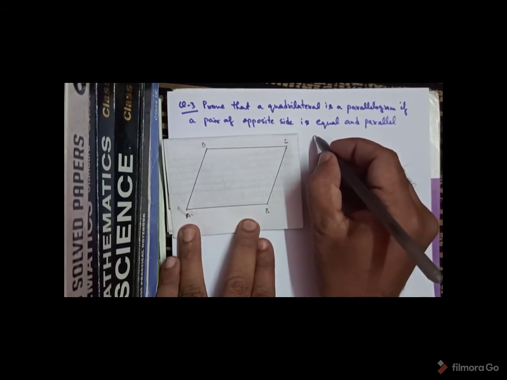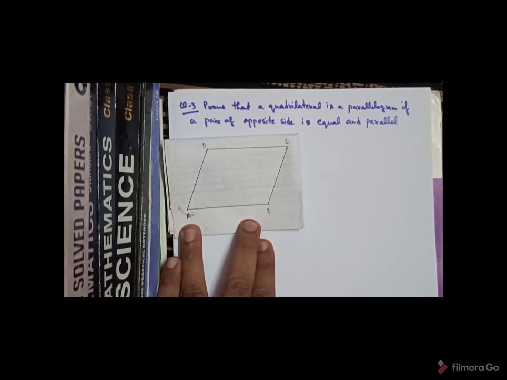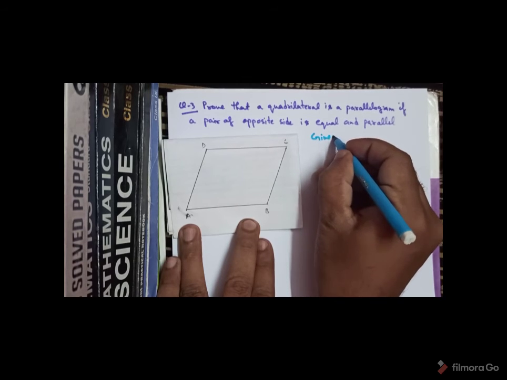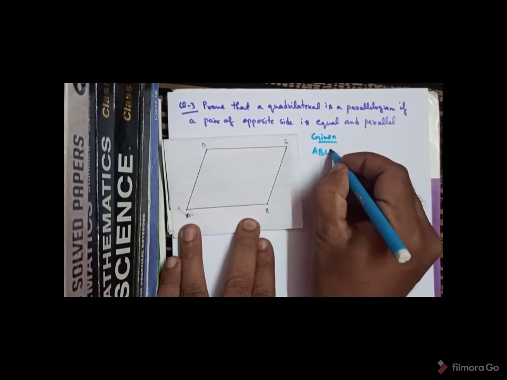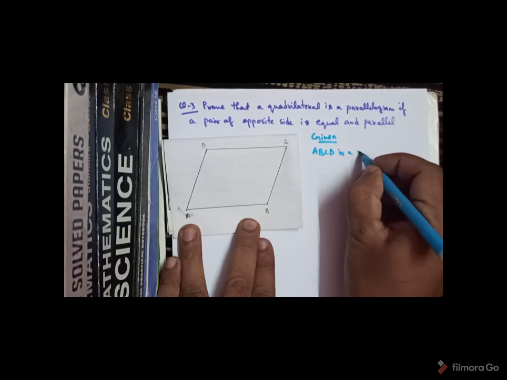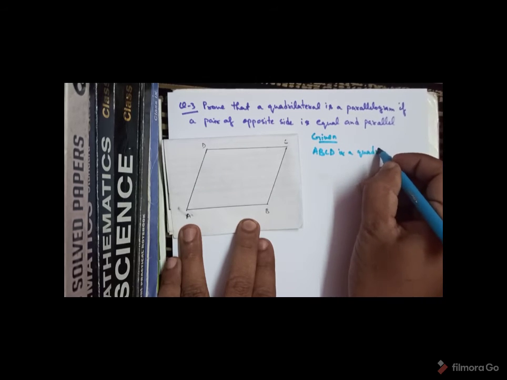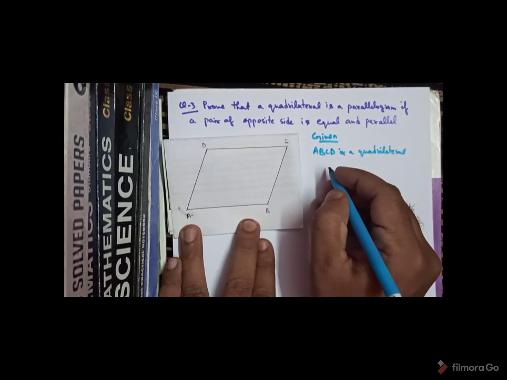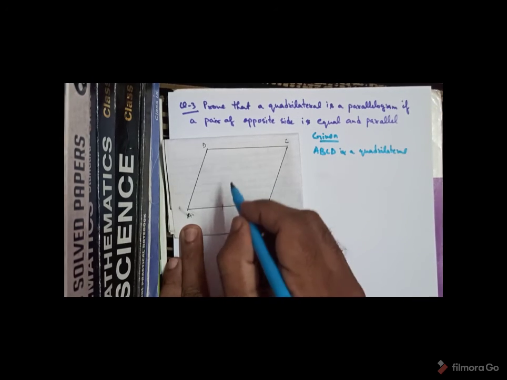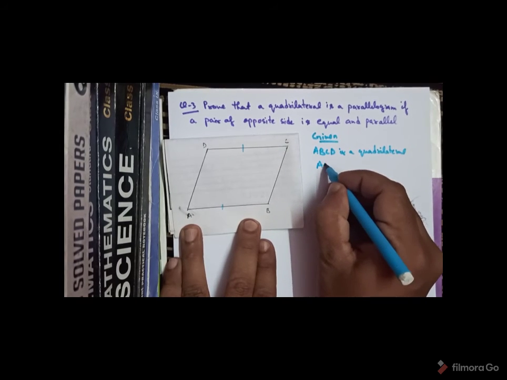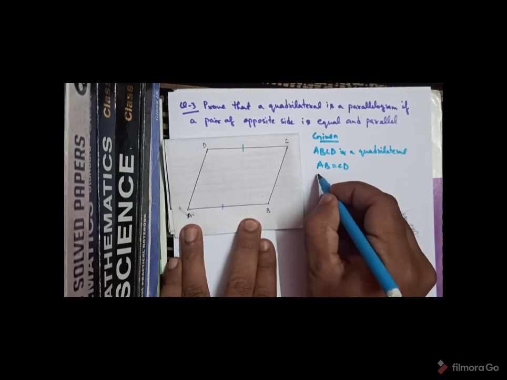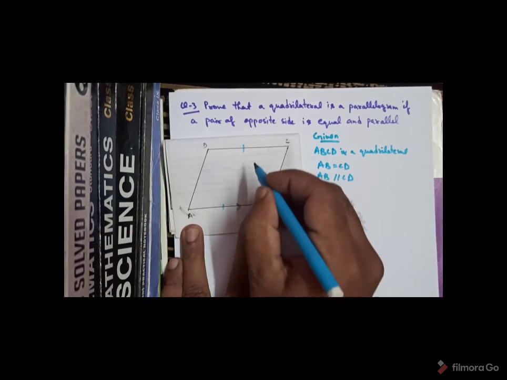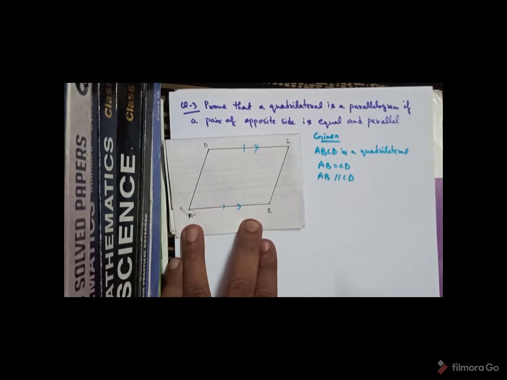So first of all we will draw a quadrilateral. ABCD is a quadrilateral. Given ABCD is a quadrilateral, and in this quadrilateral, one pair of opposite sides, say AB and CD: AB is equal to CD as well as parallel to CD.